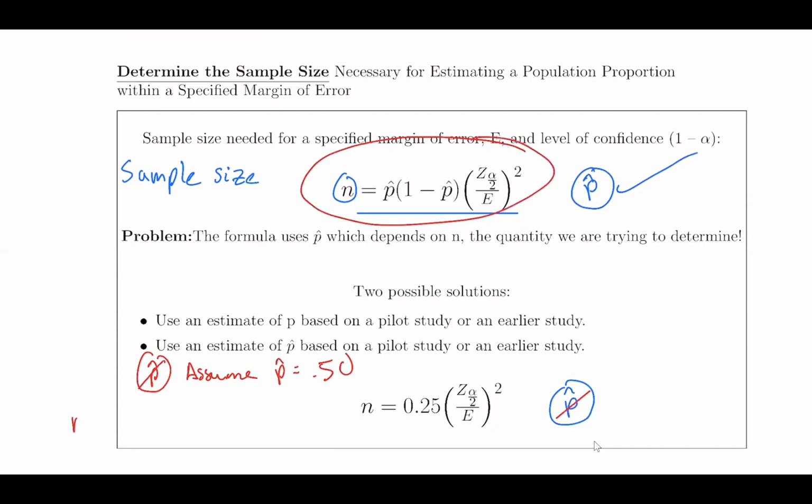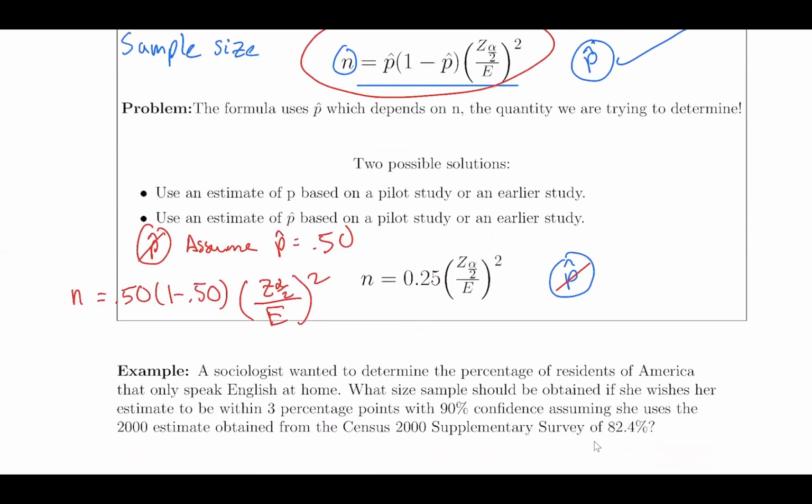So we get n is equal to 0.50 times 1 minus 0.50 times z alpha divided by 2, divided by the margin of error, squared. Let's go ahead and multiply these two out: 0.50 times 1 minus 0.50.